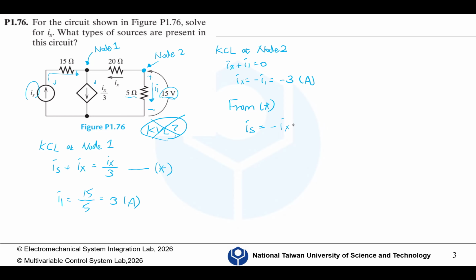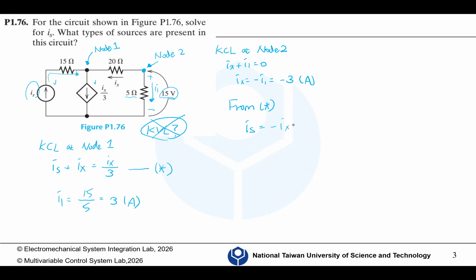So KVL for the big mesh: we have positive 5I1, positive 6 times I1 minus I3, minus 20 I3, and then plus 8 I2 equals 0.